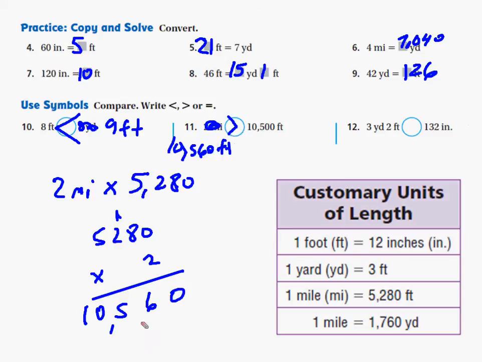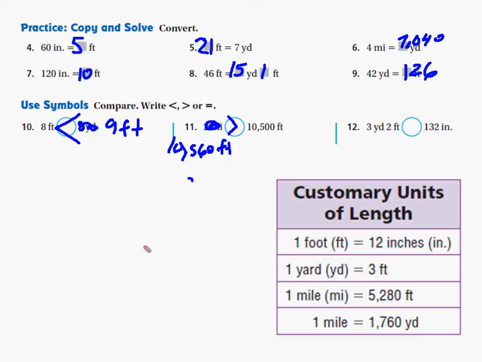And let's see. Now we have a kind of a complicated one. We have 3 yards, 2 feet on one side, and 132 inches on the other side. So I don't know how many inches are in a yard according to this chart. You could probably figure it out, but then you have these leftover feet, and it kind of makes it complicated. So what I'm going to do is make this all into feet first. Then I'm going to take that and change it to inches.